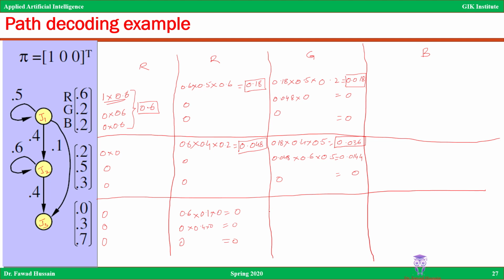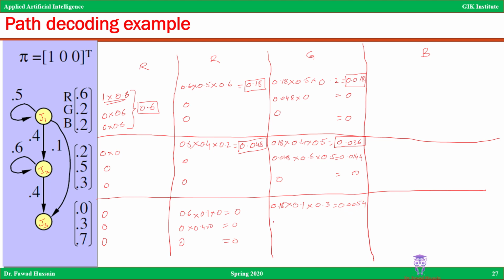Next, in this case, we have 0.18. So the first jar multiplied by moving from the first directly to the third is 0.1, and selecting a green is 0.3. So this is 0.0054.